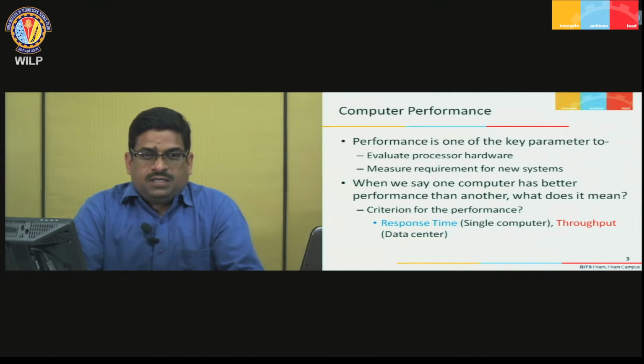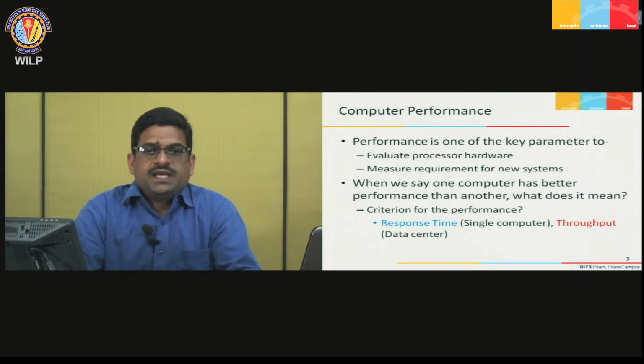For example, in a data center scenario where multiple servers are there and multiple users are submitting their jobs to be executed, the performance criterion is different. There the criterion is throughput, meaning the number of jobs completed in a unit time.